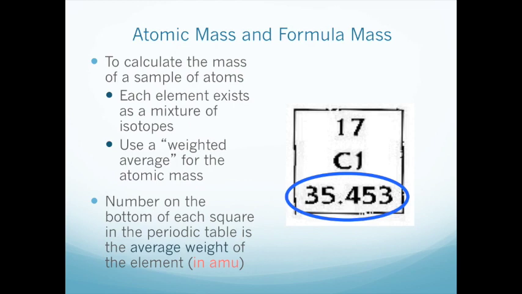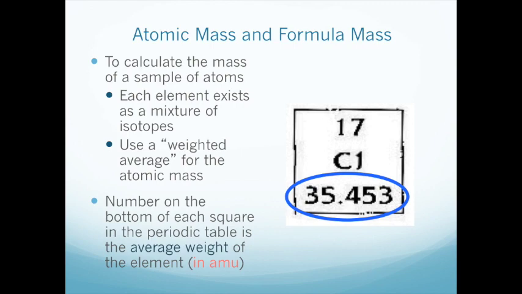I mentioned a moment ago the idea of atomic mass and formula mass. So if you have a sample of atoms, even if they're all one element, they exist as a mixture of isotopes, and so the formula mass listed in the periodic table is given as a weighted average of the atomic mass. The example shown here is chlorine. It's given an average mass of 35.453.